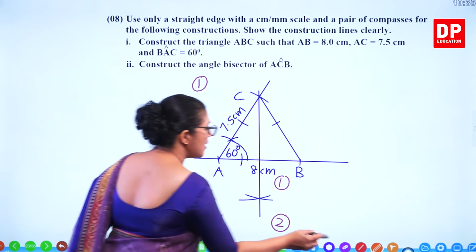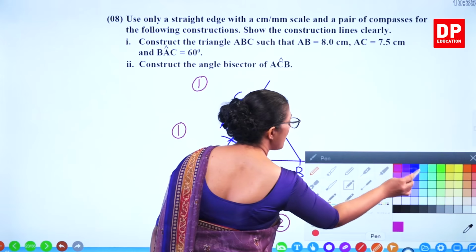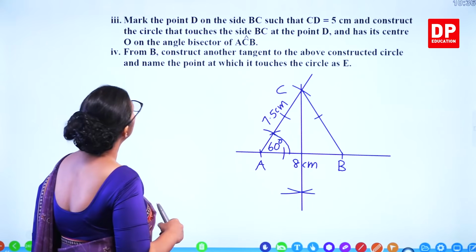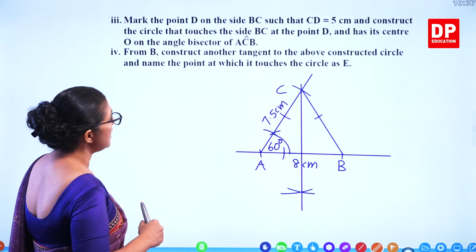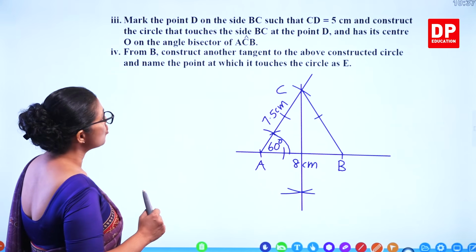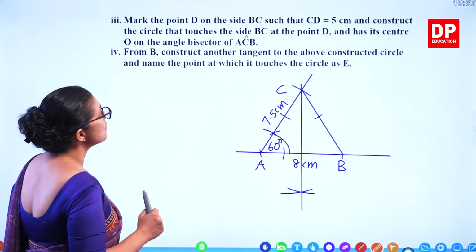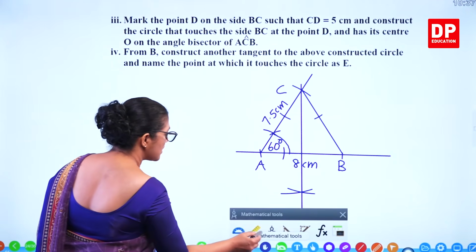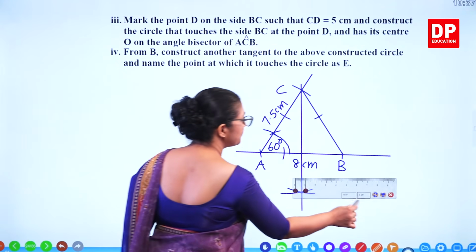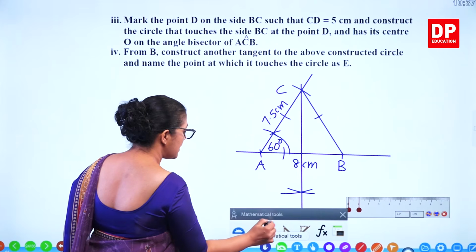Now we'll see what's the next part. Now third part, mark the point D on the side BC such that CD equals 5 centimeters. So we can easily do that. Just take the ruler. You need a 5 centimeter length.